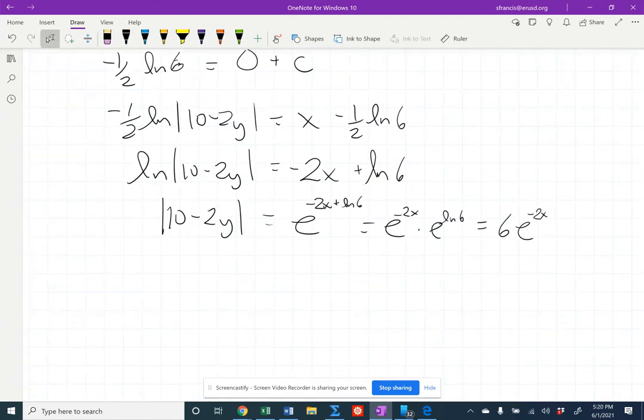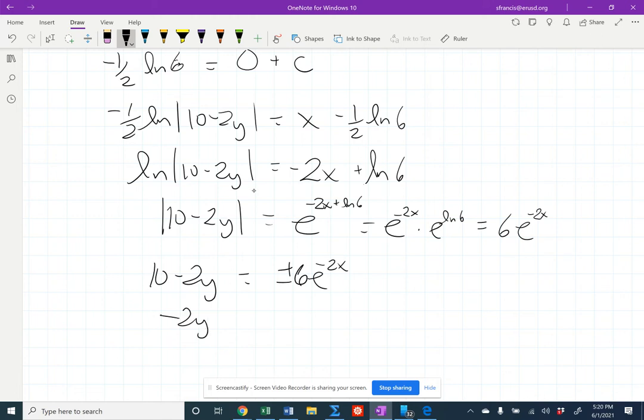All right, so from here, 10 minus 2y is going to be either plus or minus 6 e to the negative 2x, and I'll decide which one later. I'm just pausing to think if I want to bring it this way or that way. Let's do this.